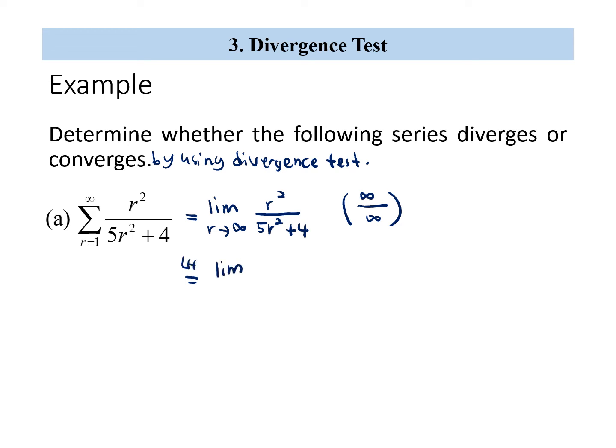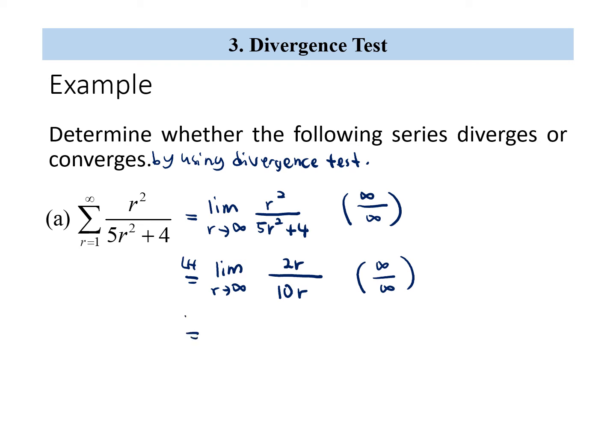So now what we have to do is find the derivative of the upper part, which will be 2r, over the derivative of the lower part, which will become 10r. Now the fraction still becomes infinity over infinity, so it's still in the indeterminate form.